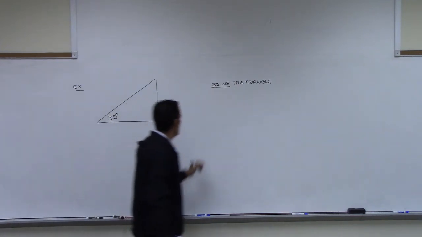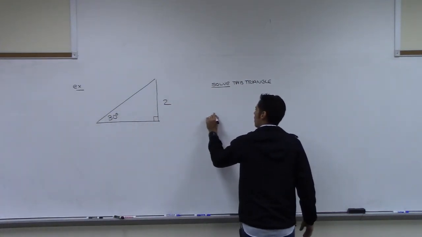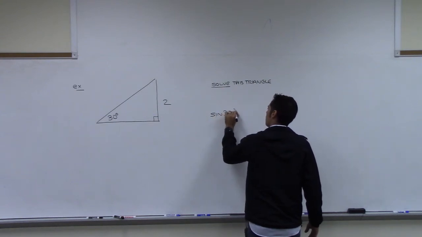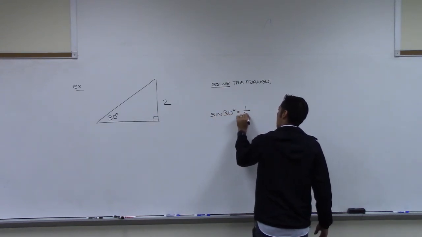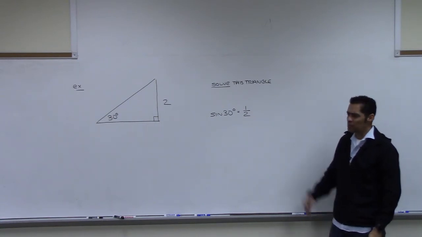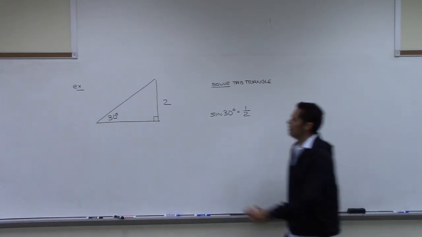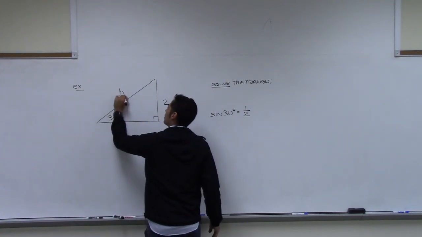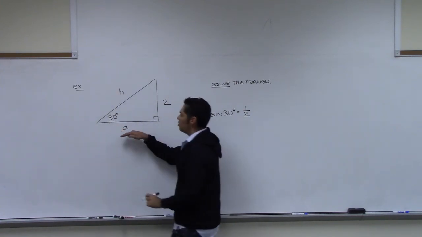So what do we know about 30 degrees? We know sine of 30 is 1/2, right? We do know that. And if we just look at this as a triangle, let's label this side H and let's label this side A, for adjacent and hypotenuse.